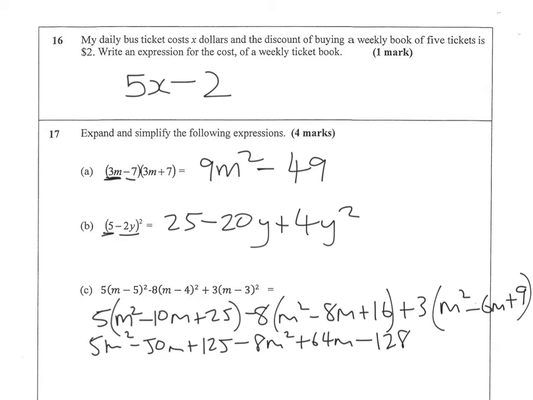Then we've got positive 3 times m squared, which is positive 3m squared. 3 times negative 6 gets negative 18m, and 3 times 9 is 27.